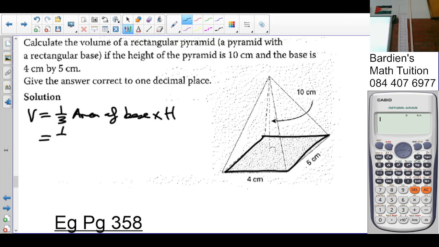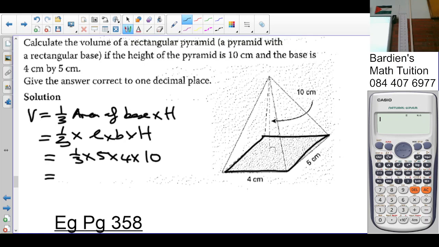How do you calculate the area of the rectangle? Length times breadth. So it's going to be a third times, what's the length? 5, times the breadth, which is 4, times the perpendicular height, which is 10. That's 40. 40 times 5 is 200 over 3. Is that correct? Just check there.